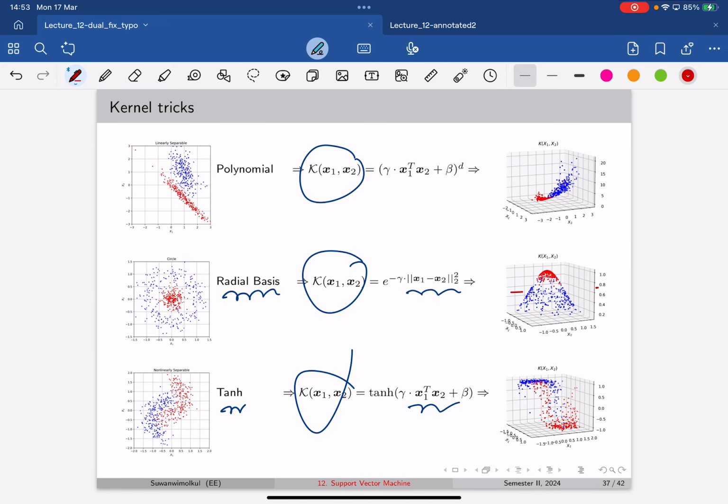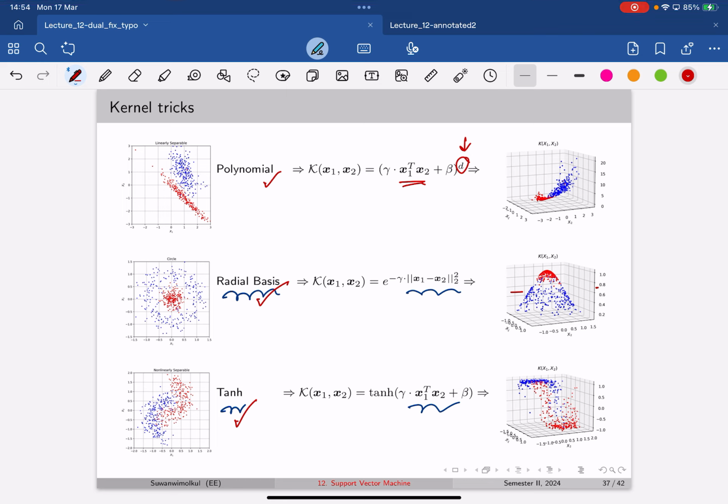But actually there are more than just the linear kernel. In this example, you can replace those dot product terms with some other function, like the polynomial, which is a linear with a polynomial order, with this higher order. Or you can replace it with a radial basis function, and you can also replace it with the hyperbolic tan function.